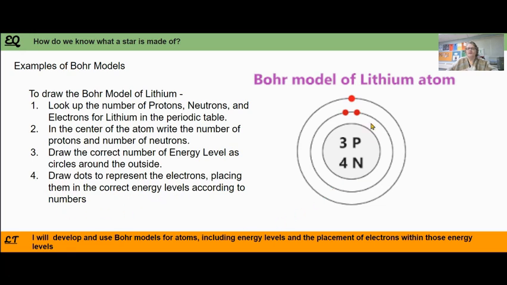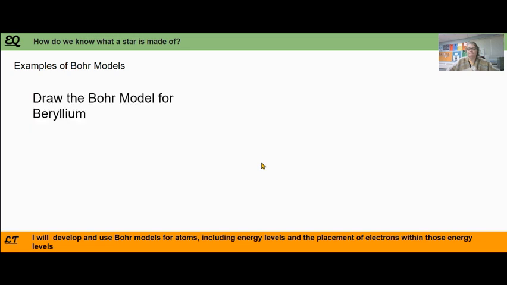Starting in the middle with the 2, we can draw the 2 electrons anywhere on this circle. This just happens to put them at the top. Then we still have one more, and that one has to fill in on the next energy level. That is how you draw a Bohr model atom.